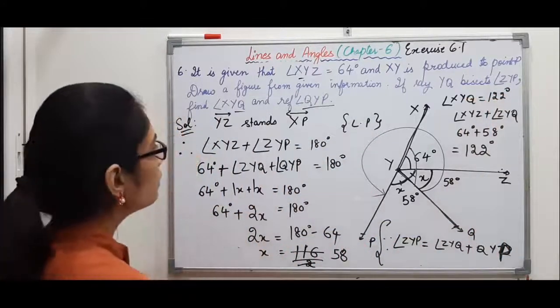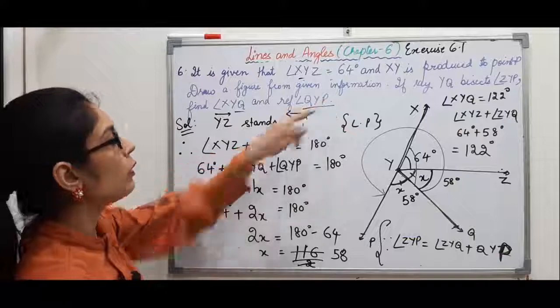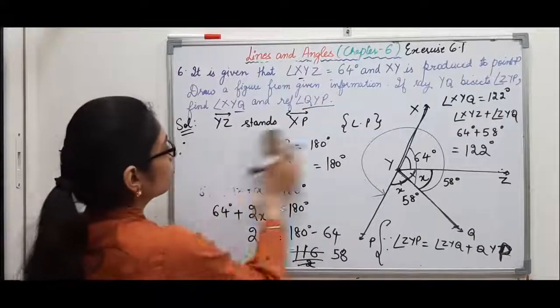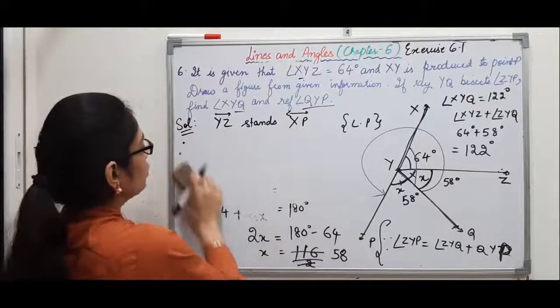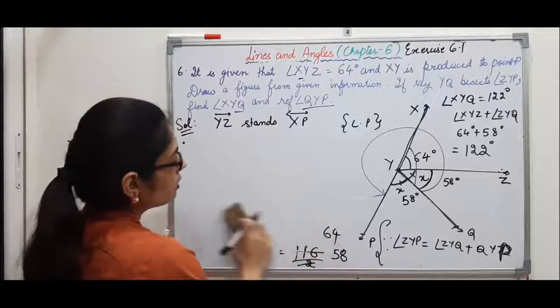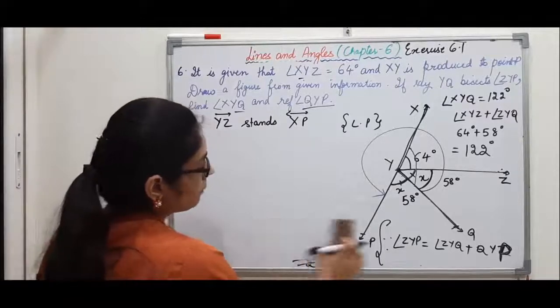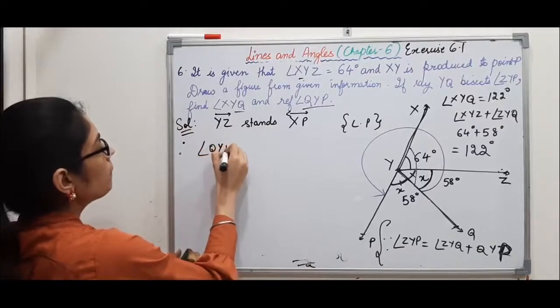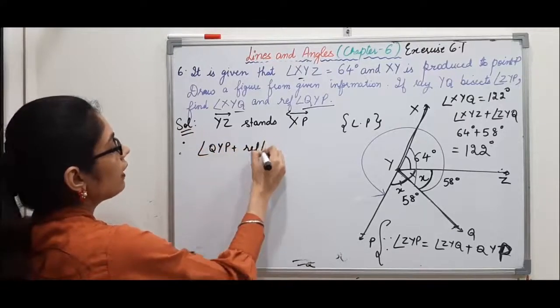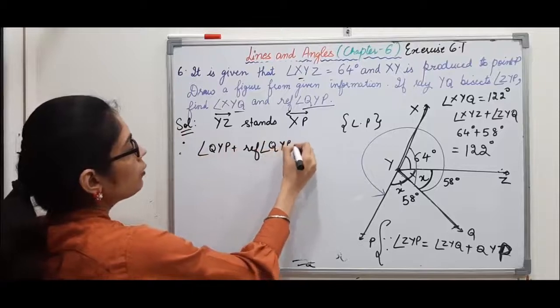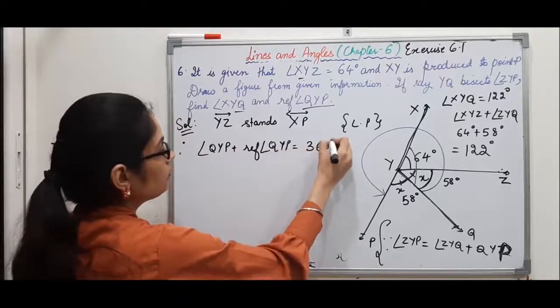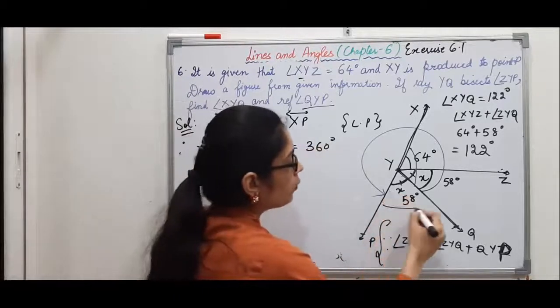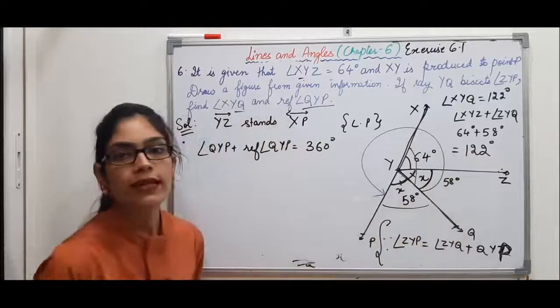Now let's find the value of reflex XYP. In the first question we have already used this concept of complete angle. If you add angle XYP plus reflex angle XYP, you will get a complete angle, because if you add both of these angles you will get a circle.